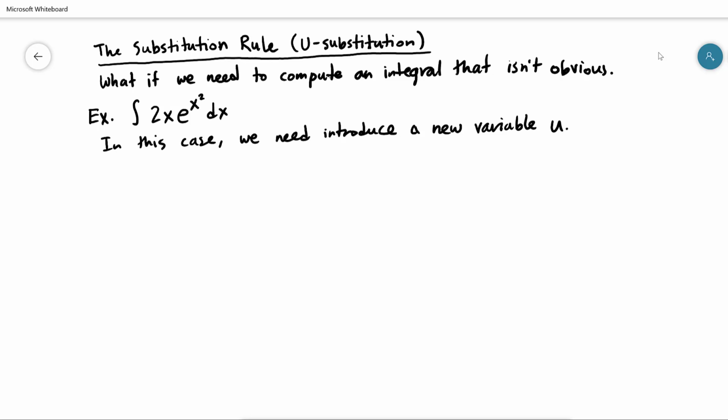So, to go through this problem hypothetically, let's say I want to let my U be equal to x squared. And in this case, the reason that I'm picking this is x squared shows up in the power of that exponential.